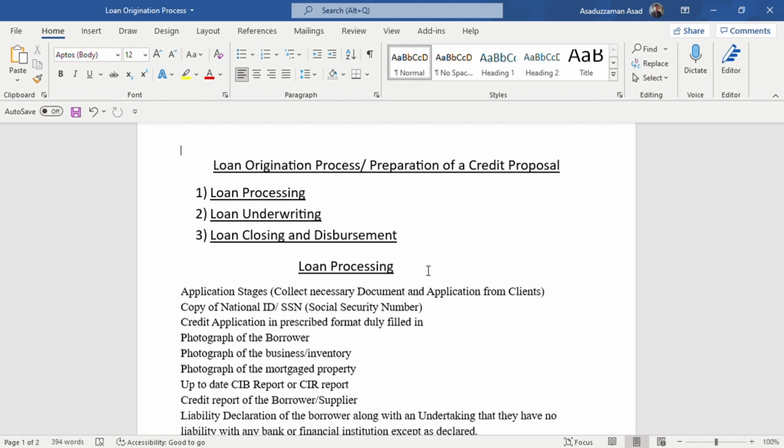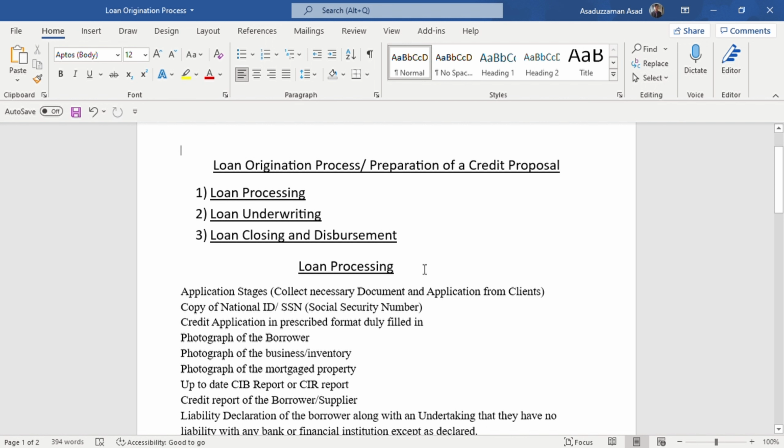The credit application you will have to take in prescribed format, duly filled, with 2 to 4 copies of photographs of the borrower, photographs of the business or inventory.